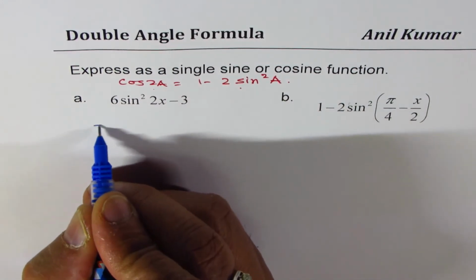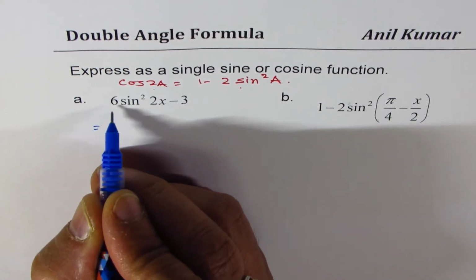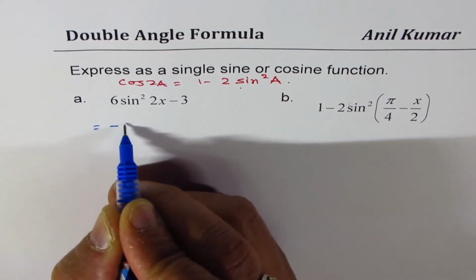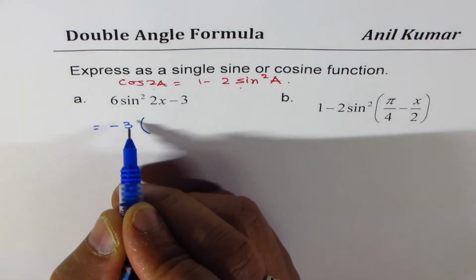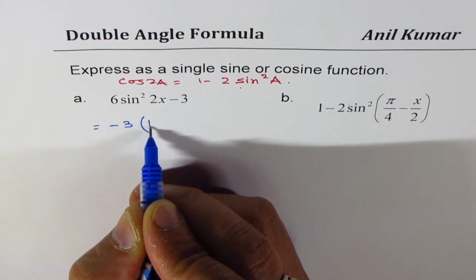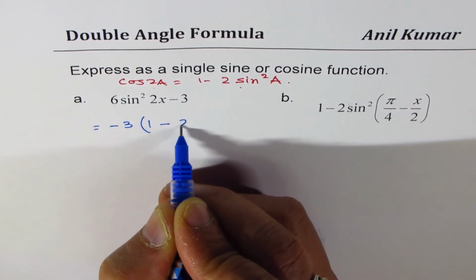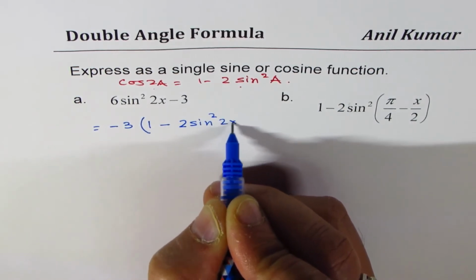So I could write this as, if I factor out minus 3, I get minus 3 times 1 minus 2 sin square 2x. Is it okay?